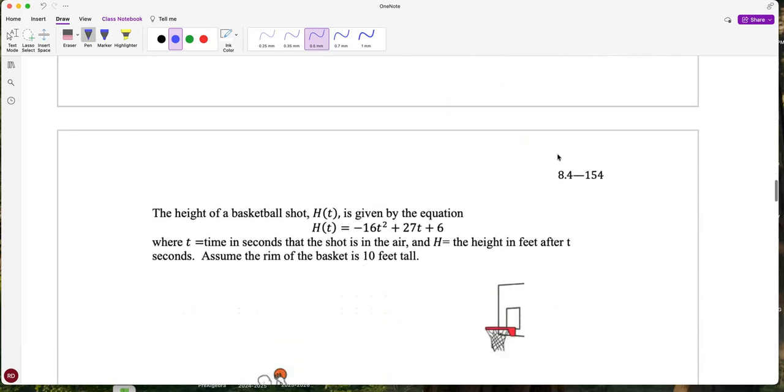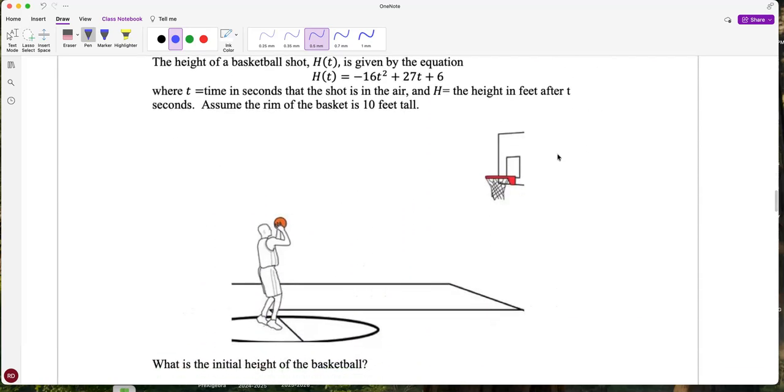Okay. Let's look at this one. The height of a basketball shot, h of t, is given by this equation, where t is the time in seconds and h is the height in feet. Assume the rim of the basket is 10 feet tall.